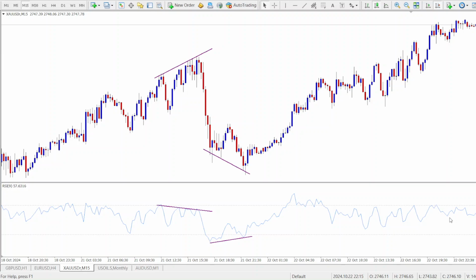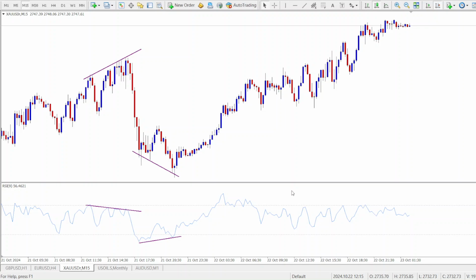Now, when interpreting the RSI signals, always consider the broader market context. News events or significant trends can impact price action dramatically. For instance, during a strong uptrend, the RSI might hover in the overbought zone for extended periods.